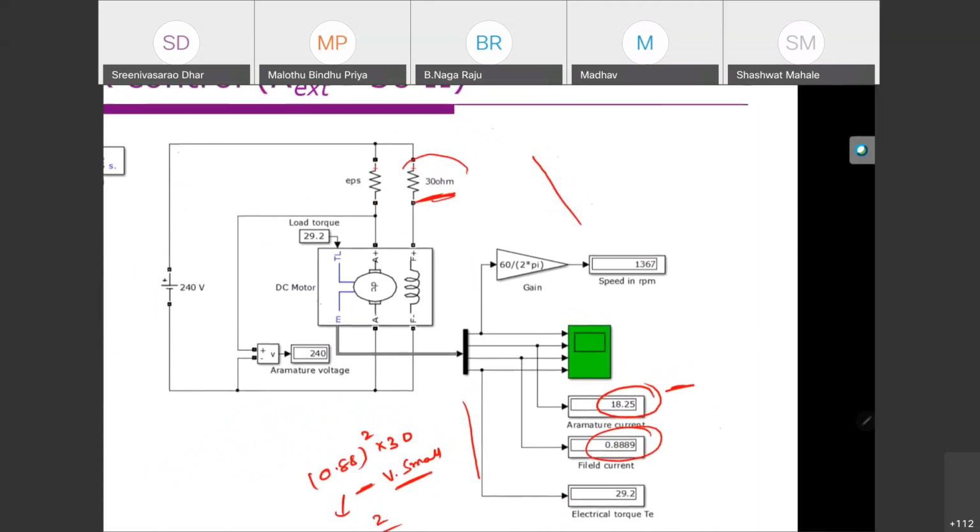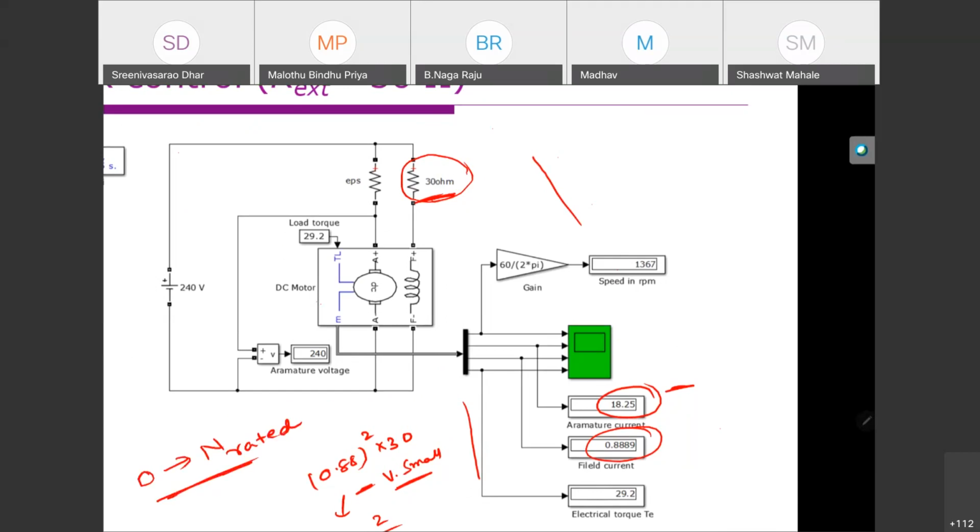So this flux control is widely used in industry to obtain speeds above rated speed. Generally it is very rare to run the machine at above rated speeds. Most of the cases we try to operate from 0 to N rated.